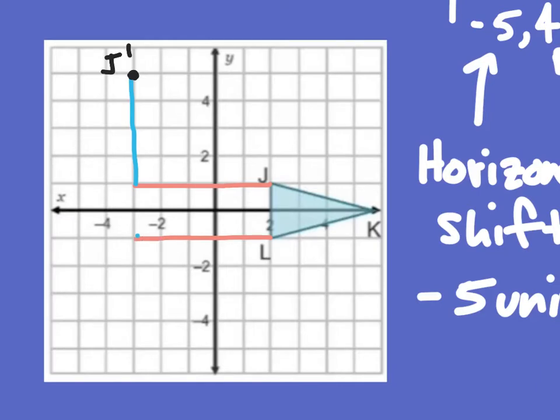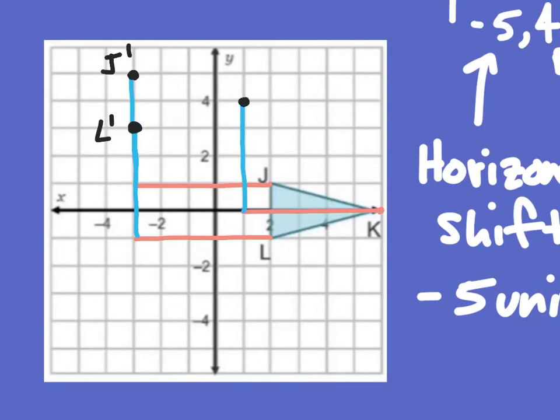I can move this up 1, 2, 3, 4 to this point, and that's going to be point L prime. Now I can do the same thing for point K. Move this point over, let's go 1, 2, 3, 4, 5, up 4 units and go 1, 2, 3, 4.